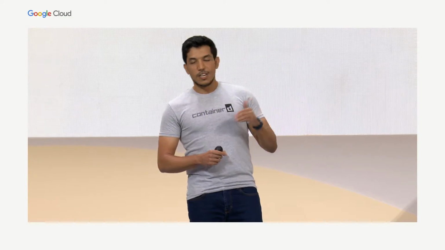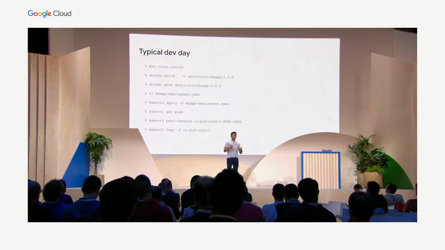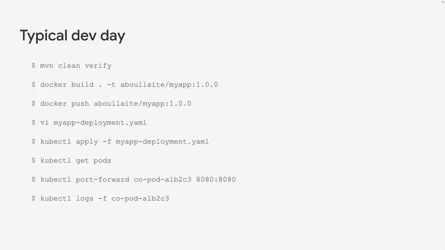Now, let's take this example. Those are the steps that a typical developer will follow in order to deploy their changes. We start with building our Java artifact, then building our image using the Docker build command, right? Then we tag it and push it. God, I'm not even halfway through, I'm tired.